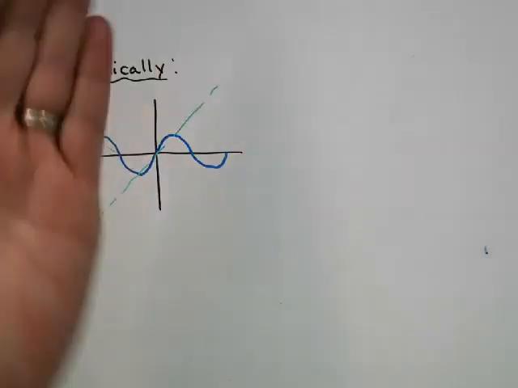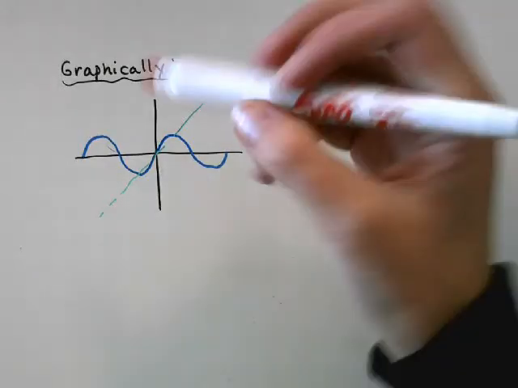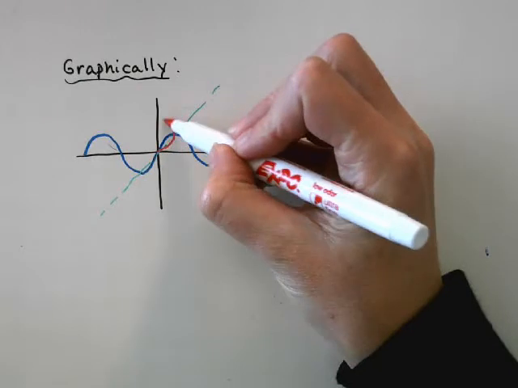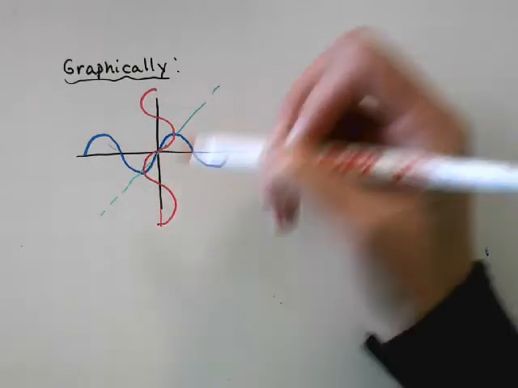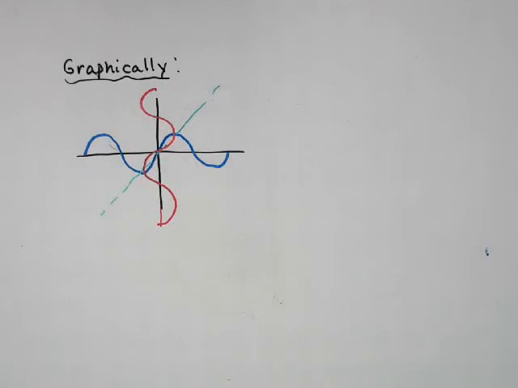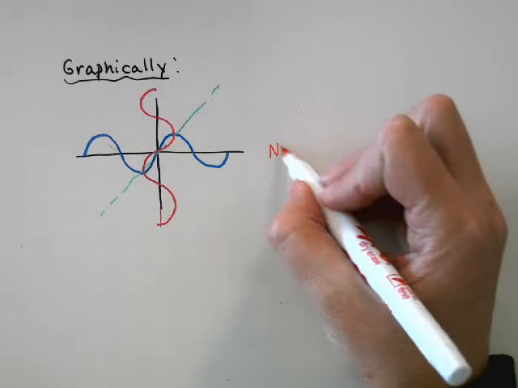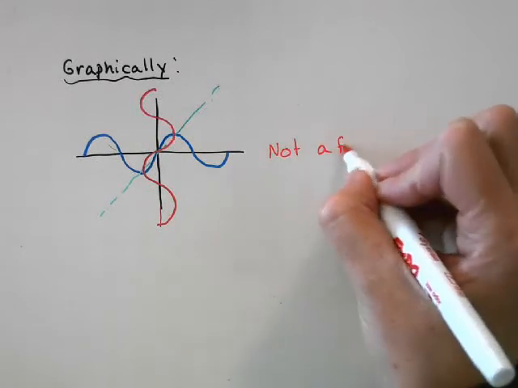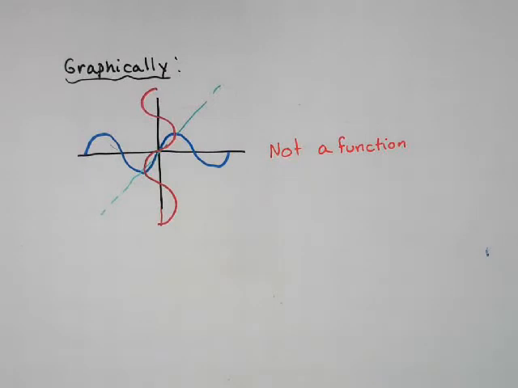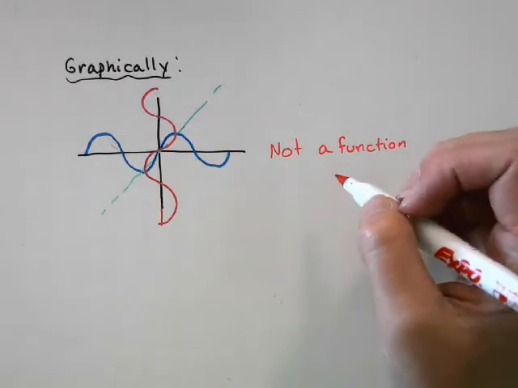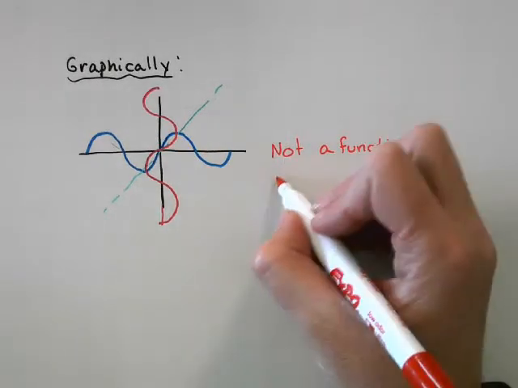This whole thing is going to get flipped up. It snakes up the graph, and the issue here is this is not a function. So what we need to do to create an inverse function is to restrict the range of values.